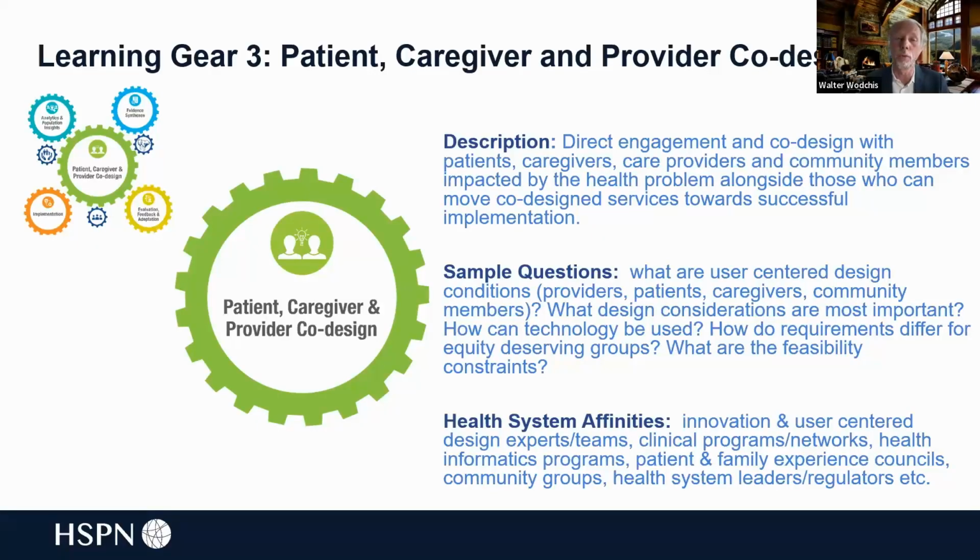What considerations are most important? How can technology be used? And how do requirements differ for equity-deserving groups? How do we engage and balance power? And what are the feasibility constraints about what we can actually do? Those kinds of questions we're really looking to delve into in this co-design work.